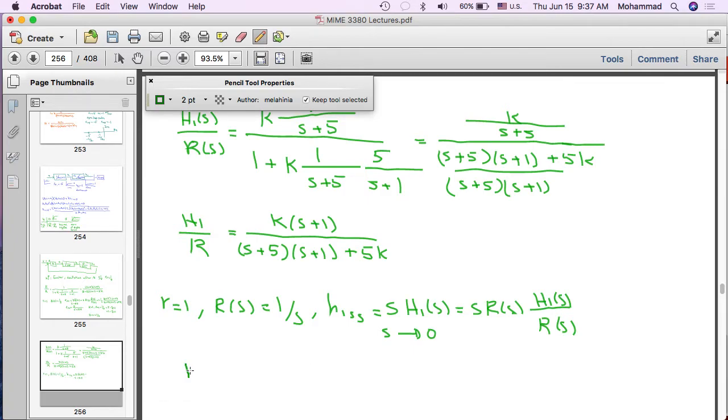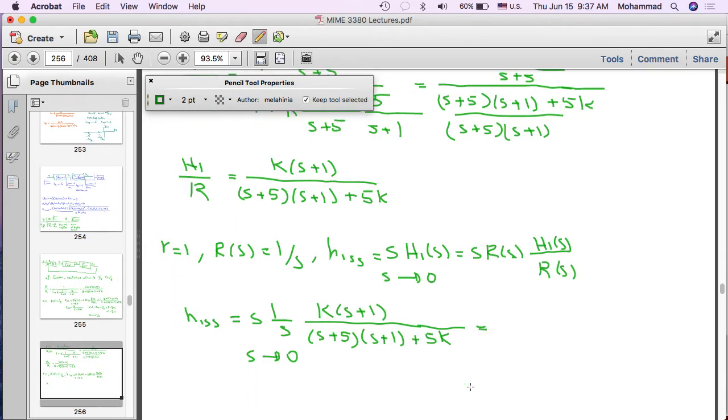Again, h1 steady state becomes s times R(s), which is 1 over s, times the transfer function, which we just found, k times (s plus 1) over (s plus 5) times (s plus 1 plus 5k), when s goes to 0. So s in the numerator and the denominator of the first fraction go away.